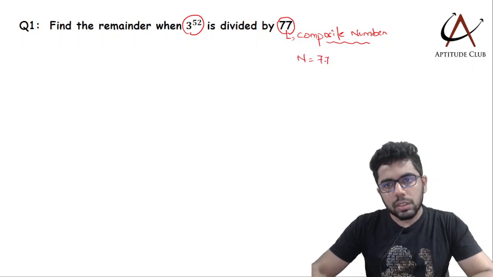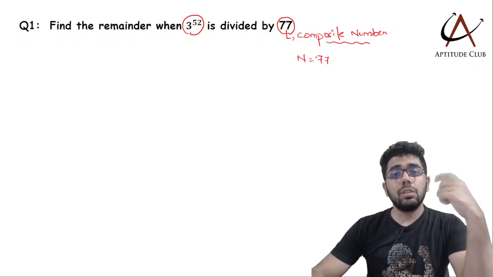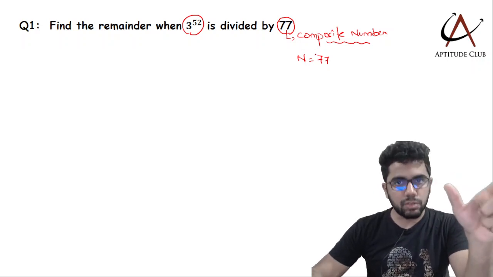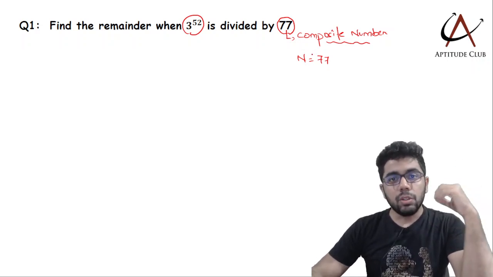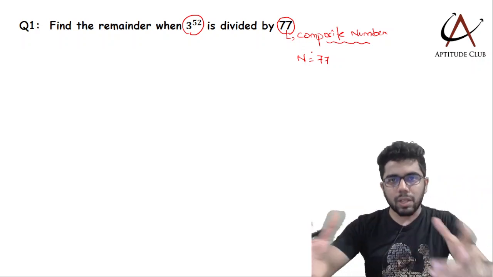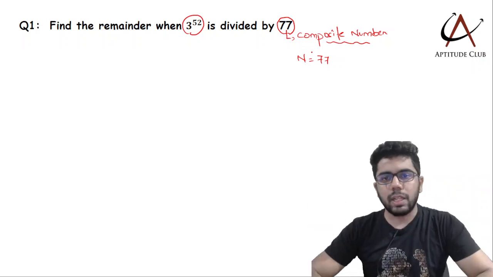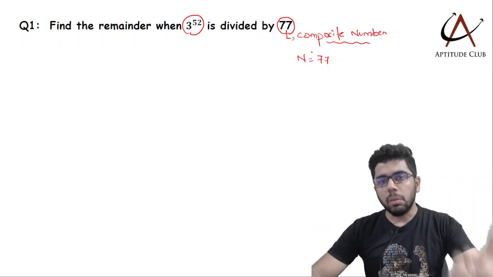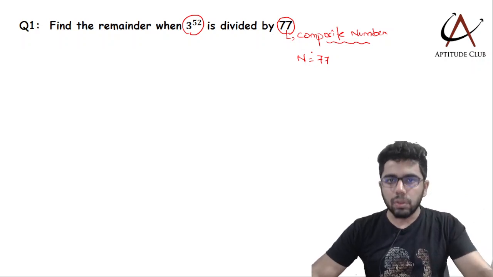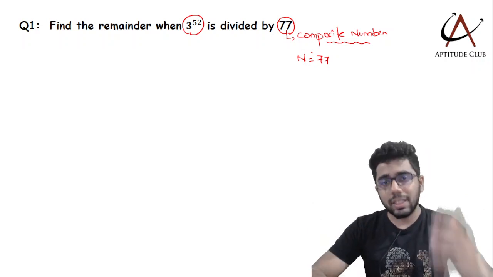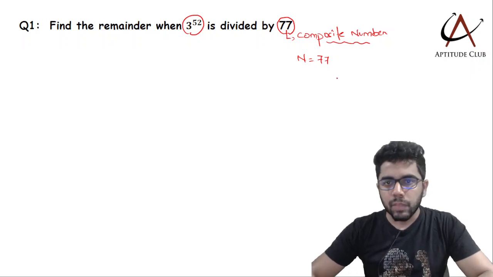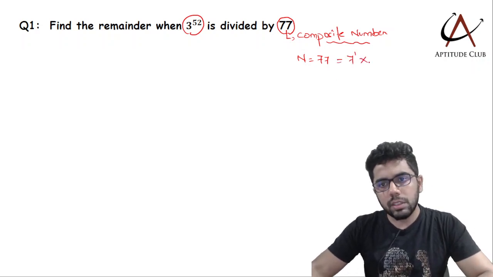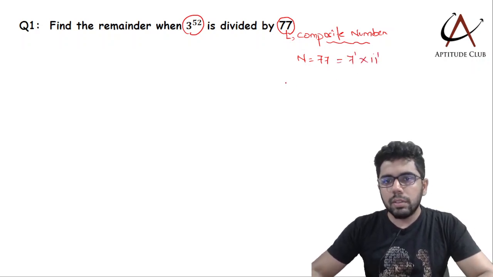Let us say I am taking this number n. First, I need to find the Euler's totient number or totient function phi of n. Do watch the Euler's theorem video so you can relate to what I am saying. I have already done a detailed video on that. So first, whenever you have any number, find its Euler's totient function, the number of natural numbers that are less than and co-prime to 77. So how do you factorize this? 7 to the power 1 into 11 to the power 1.